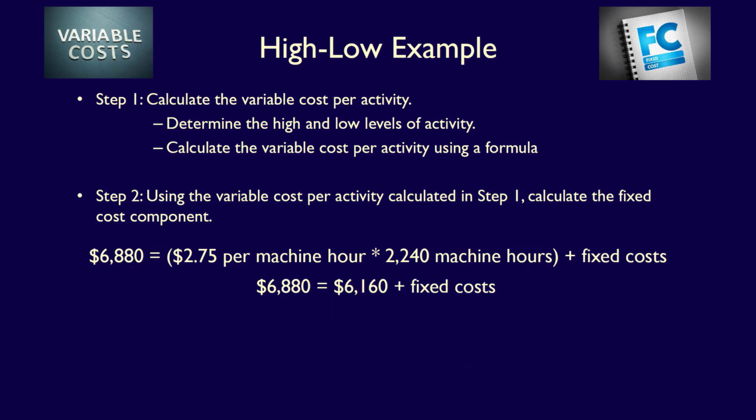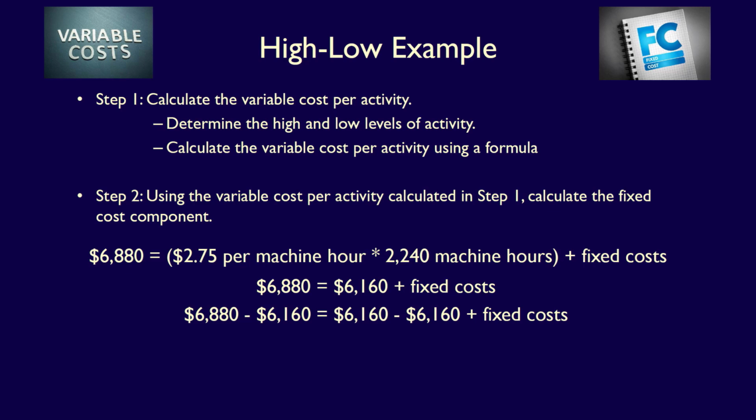We can see that $2.75 per machine hour multiplied by 2,240 machine hours equals $6,160. So, $6,880 is equal to $6,160 plus fixed costs. We now have to eliminate the $6,160 from the right side of the equation, so we would subtract that amount from both sides.